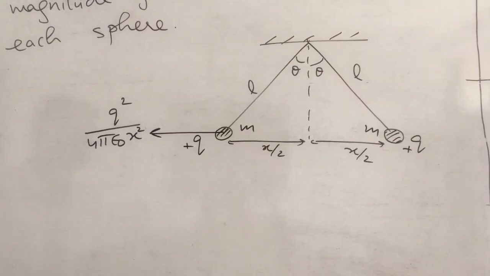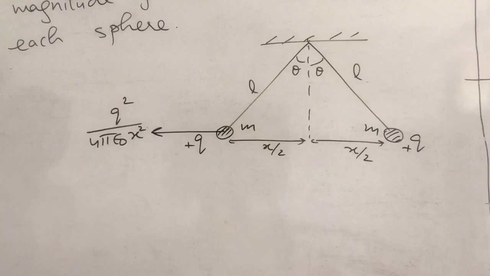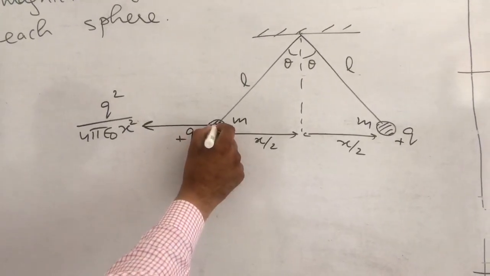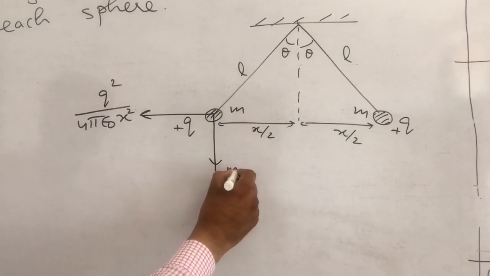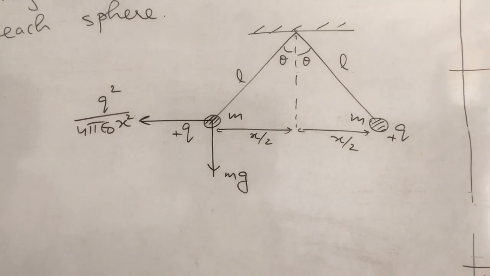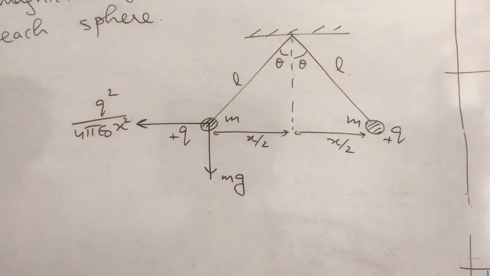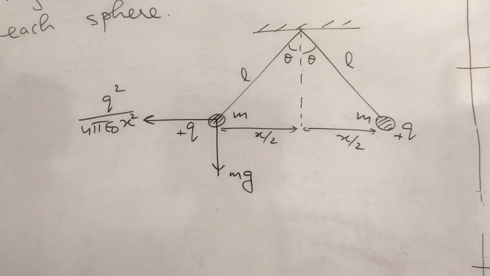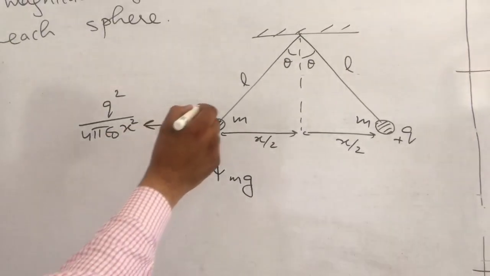Another force on this mass m is because of gravity: there is a downward weight mg. Now this is a string, and some force is developed in the string. Consider T to be the tension in the string.